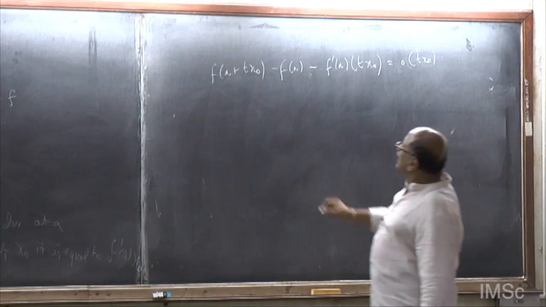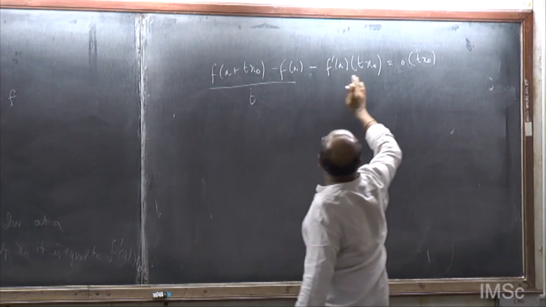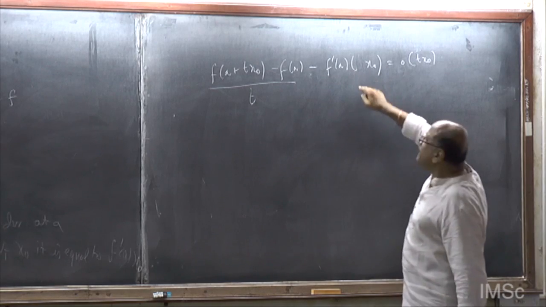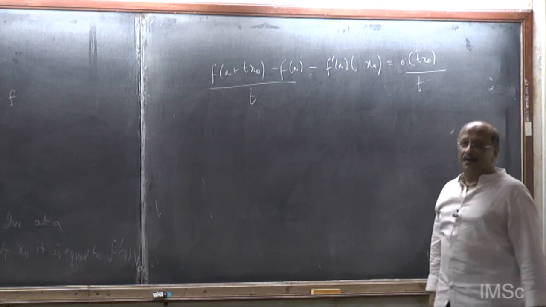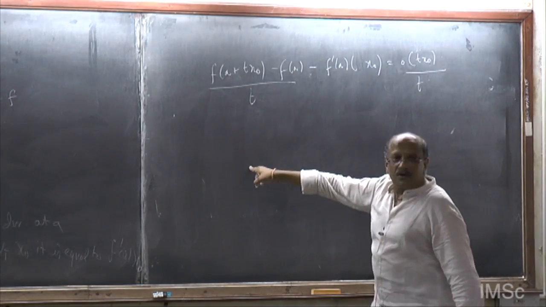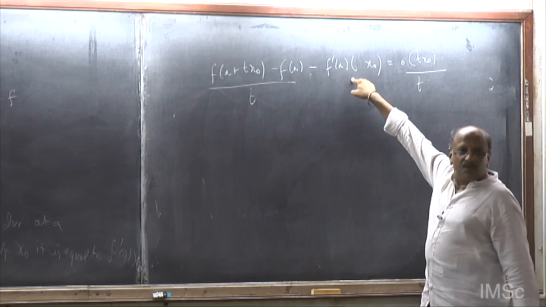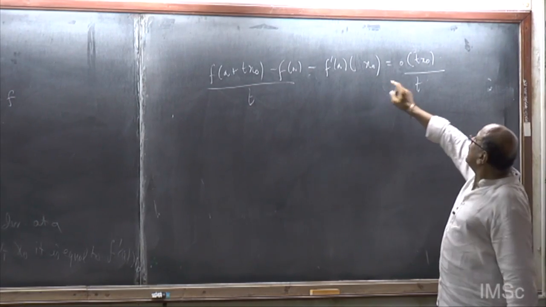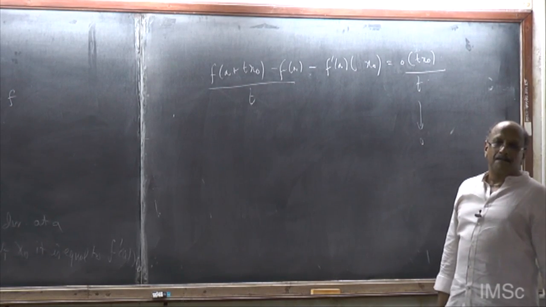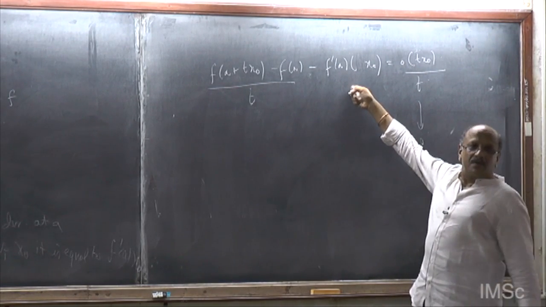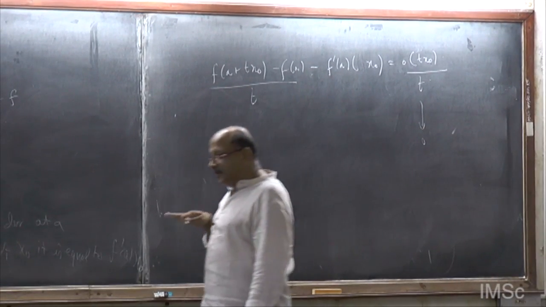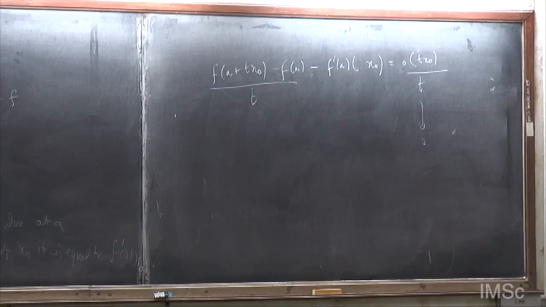Okay. So, divide throughout by t. Here t comes out because it is a linear transformation, and then I divide, nothing is left, this divided by t. Now, let t go to 0, this should go to the directional derivative, this is as it is fixed, and this goes to 0. So, this limit is equal to this. So, the directional derivative is nothing but the derivative evaluated at a particular direction.